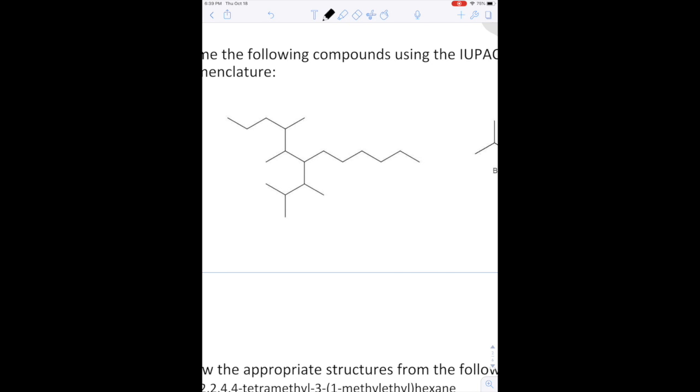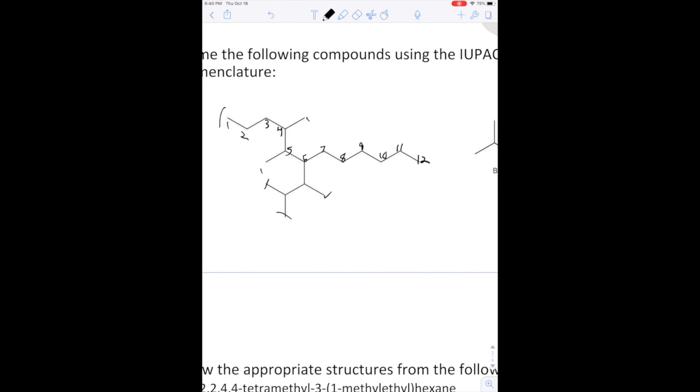So I'll start off with this corner right here. This is the longest carbon chain. I do have multiple places of entry. I could have started counting here, here, here, here, here, here. But just because of logic, I'm yielding on this side.